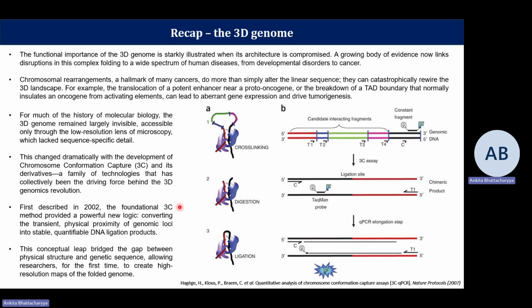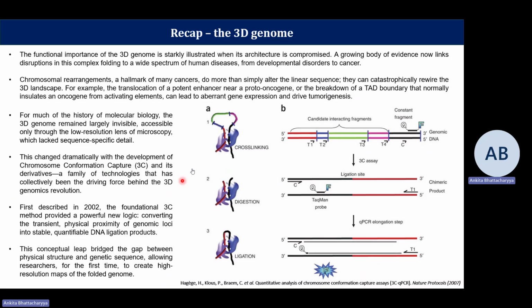First described in 2002, the foundational 3C method provided a powerful new logic which converted the transient physical proximity of genomic loci into stable, quantifiable ligation products. The conceptual leap bridged the gap between physical structure and the genetic sequence, allowing researchers for the first time to see the folded genome.